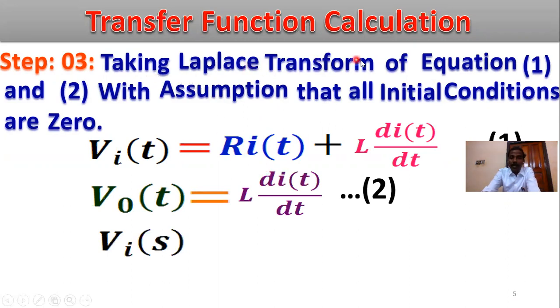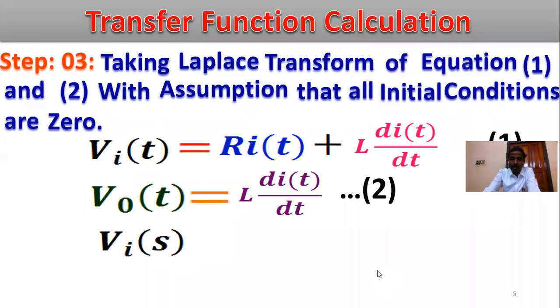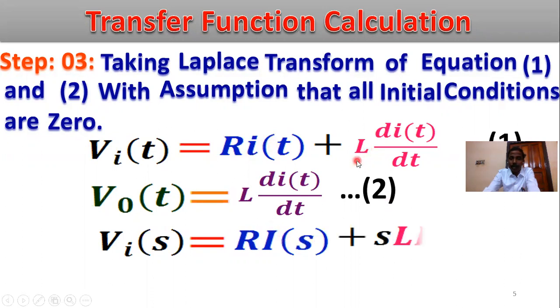Taking the Laplace transform of equation 1: Vi(t) becomes Vi(s), the Laplace transform of R into i(t) is R into I(s), and the Laplace transform of L into di/dt is S into L into I(s).